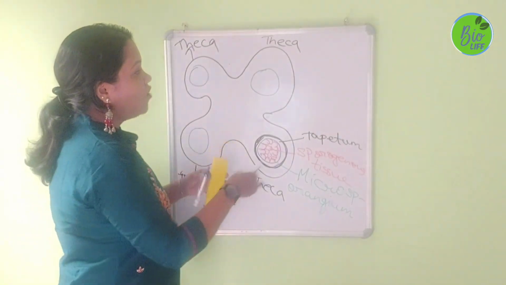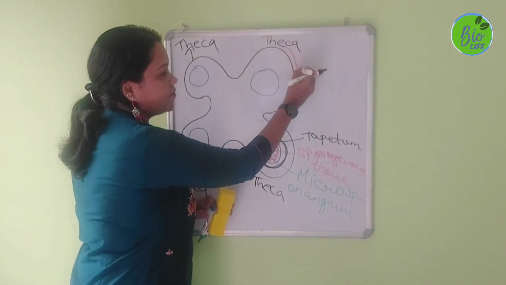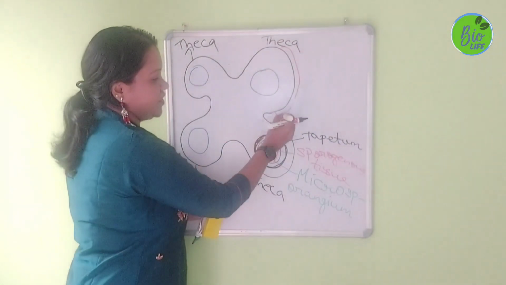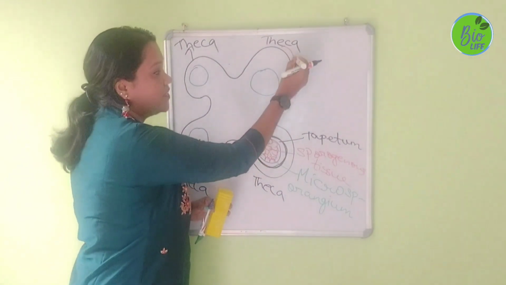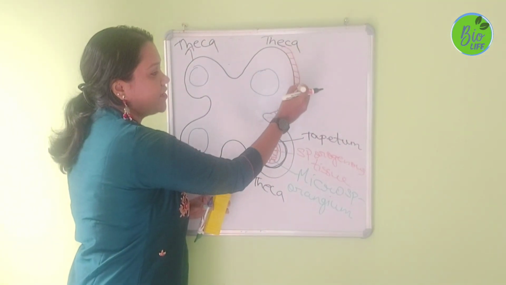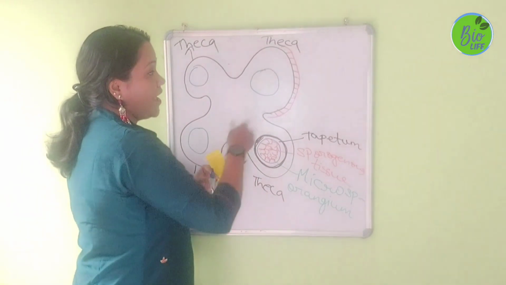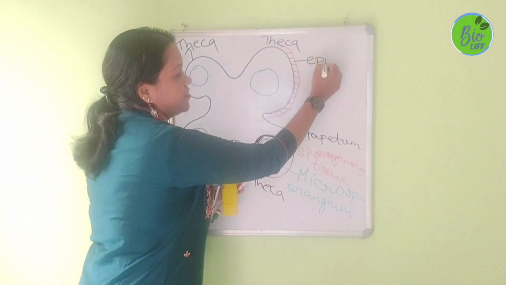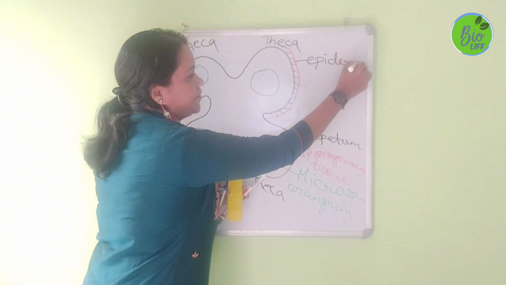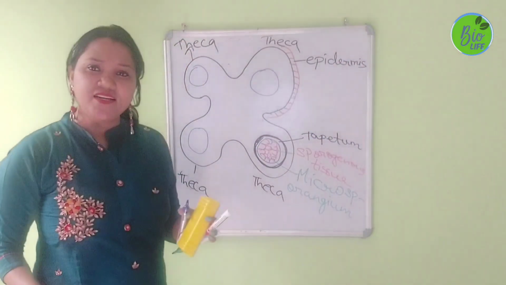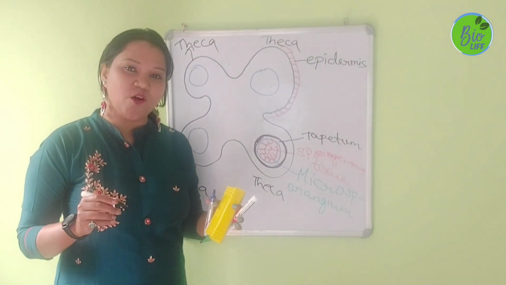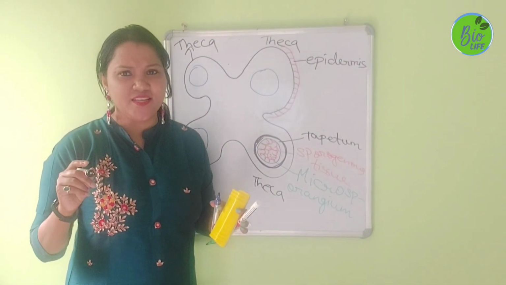Now, the outer layer of that microsporangium is like this. You can all see here. The outer layer is called epidermis. In plants and in animals, the outer layer is called epidermis. It is very easy to remember.